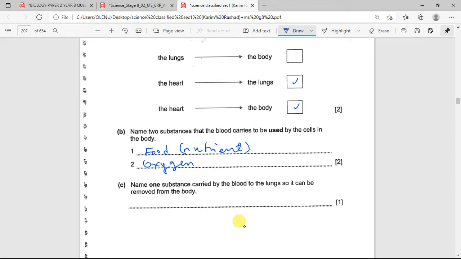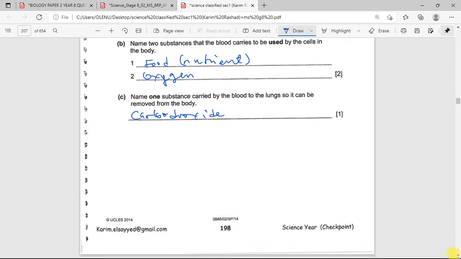Now, name one substance carried by the blood to the lungs so it can be removed from the body. That is carbon dioxide. Carbon dioxide is a waste that is removed from the body through the lungs.